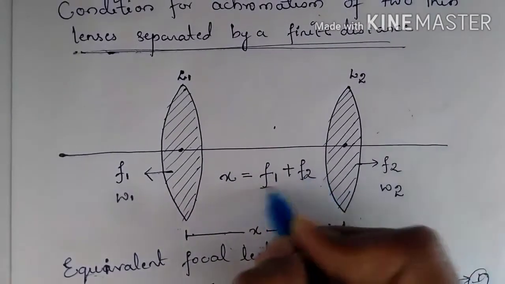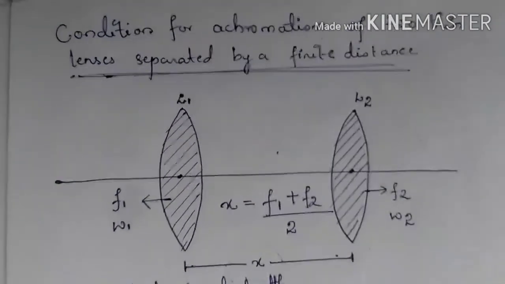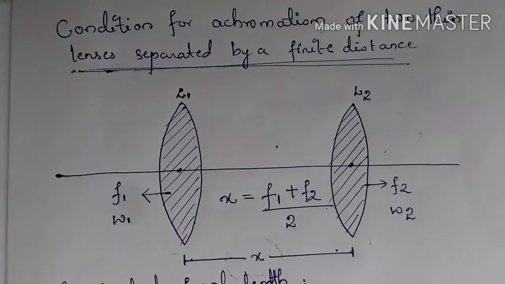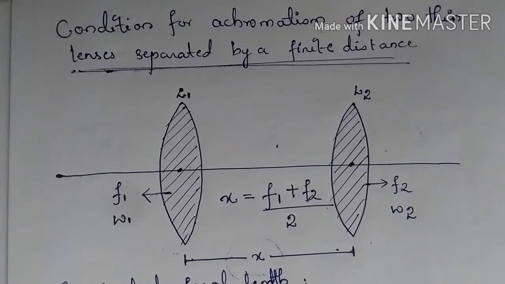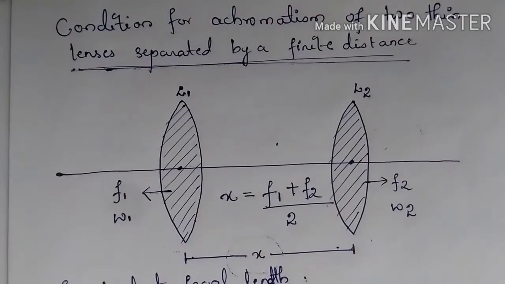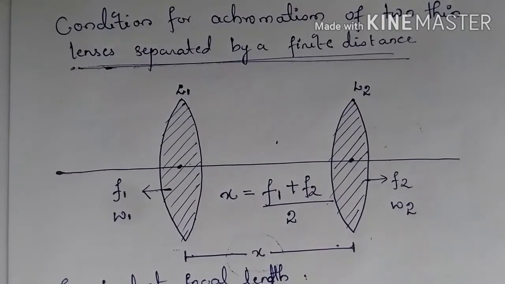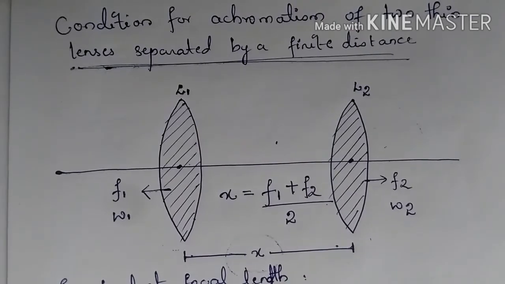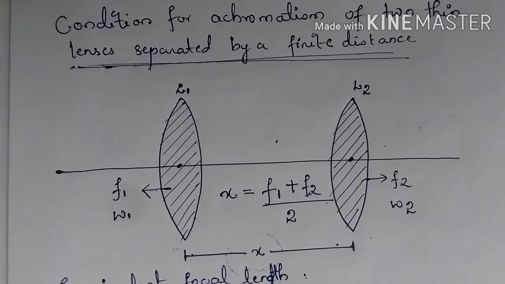F1 plus F2 divided by 2. So then only the achromatism occurs. So this achromatism can eliminate the chromatic aberration that occurs. So hence we found the condition for achromatism of two thin lenses which are separated by a finite distance. So x is equal to F1 plus F2 divided by 2.